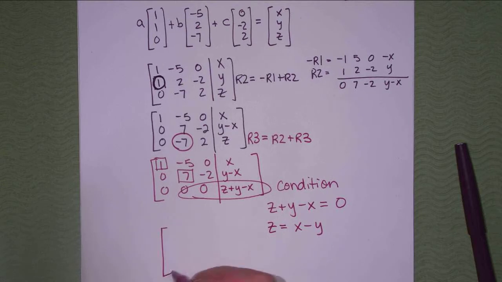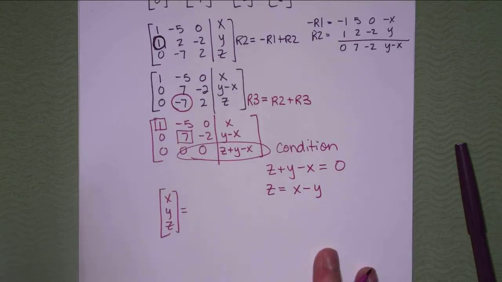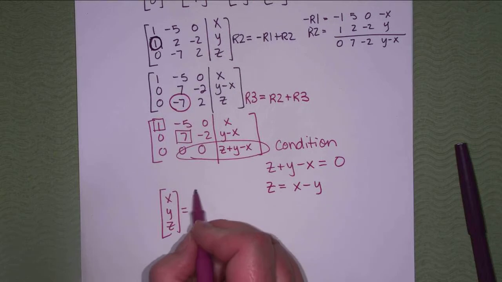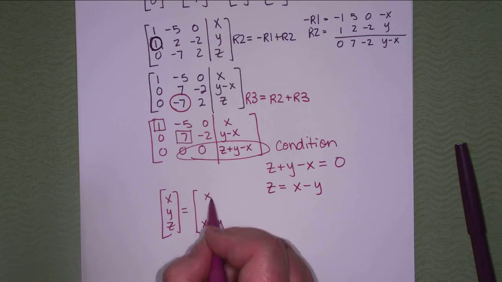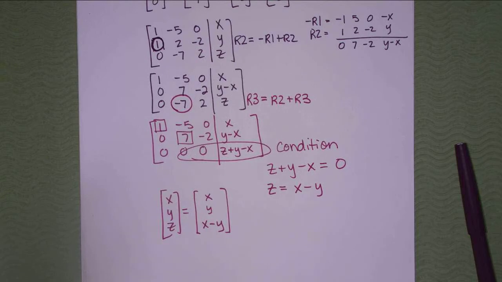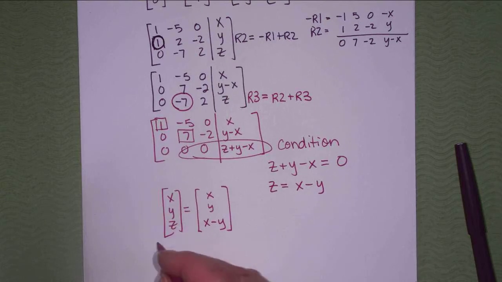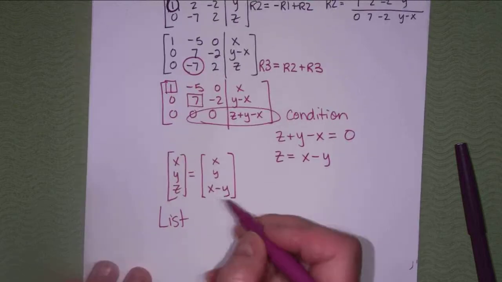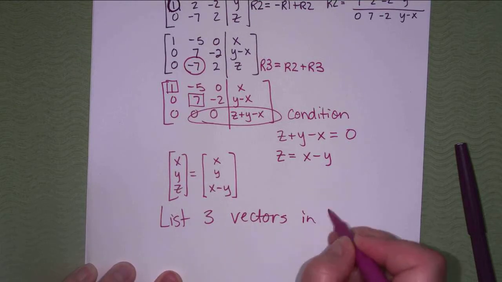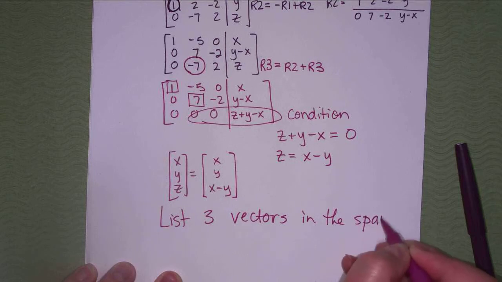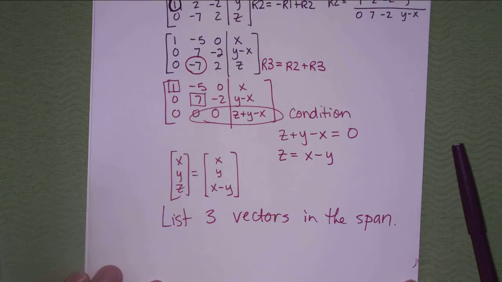So our general vector, x, y, z. z I'm putting as x minus y. And the other ones I don't need to do anything to. So there it is. So what if I said to list 3 vectors in the span? What would we do?